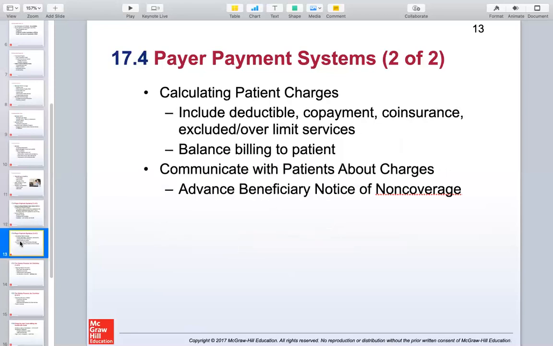So how do we calculate patient charges? Well, that's going to include the patient's deductible, co-payment, co-insurance, and then we just basically figure out what the charges are. An example would be if a patient had a nuclear stress test and we charged $900 for the nuclear stress test, and let's say the patient had a deductible of $1,000, then only $200 of that has been met.